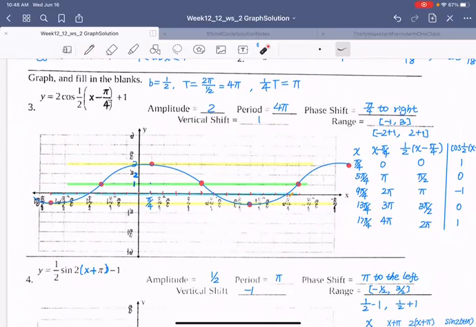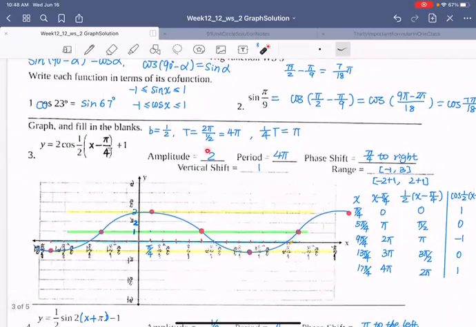This is the one way of drawing it. What I did is we figure out amplitude, period, midline, which is a vertical shift, and also the range. Why? Because this guy are both bounded between -1 and +1.